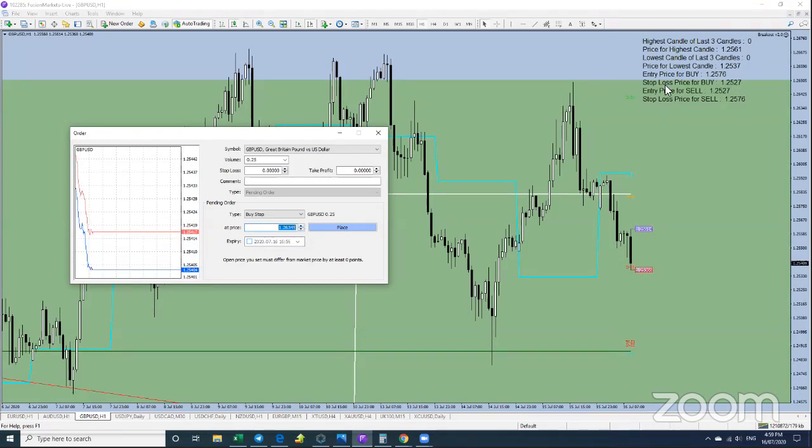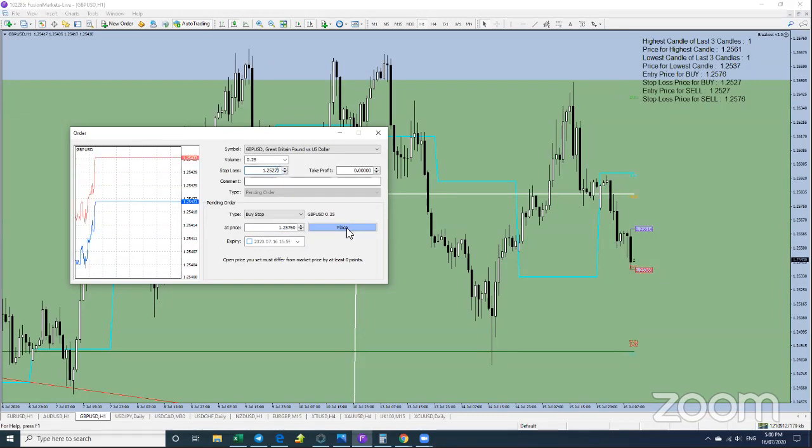The entry price for the buy is 1.2576. And the stop loss for the buy is 1.2527. So we won't click that until it actually closes, but that will be the parameter around which it has closed.